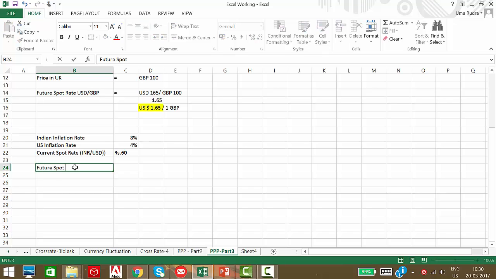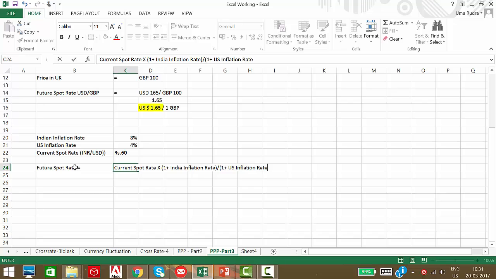Future spot rate, we have seen, is current spot rate into 1 plus India inflation rate divided by 1 plus US inflation rate.